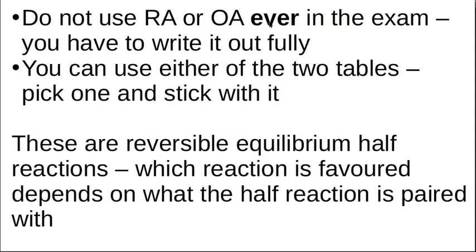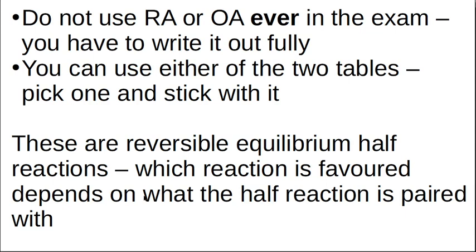Zero marks if you do this, or they remove the mark for the formula if you do that. Do not use this abbreviation. So do not use RA or OA in the exam. You must write it out fully and just pick a table and stick with it. Those two tables are identical. Pick one, either 4A or 4B, and use it all the time.